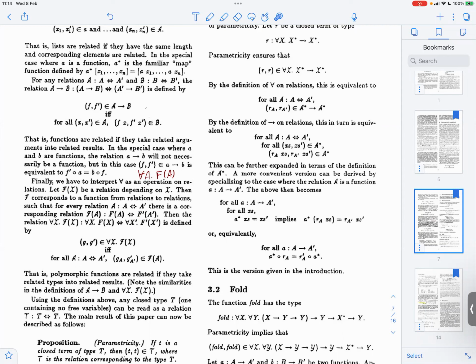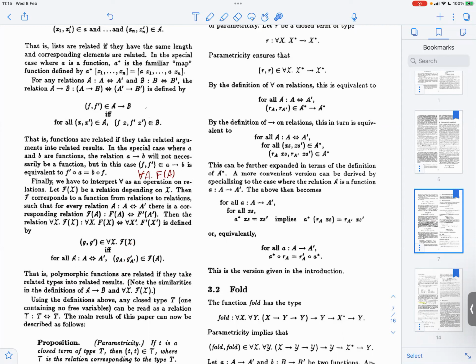And suddenly we're talking about a relation between these things, f prime and so on. And we define something, which I don't know why we define that and what it gives us. Polymorphic functions are related if they take related types into related results. Okay, well, I don't understand what we have defined here, and I don't understand why we have defined it.